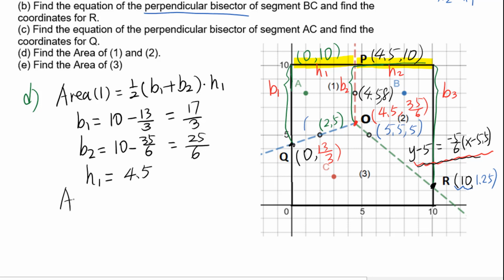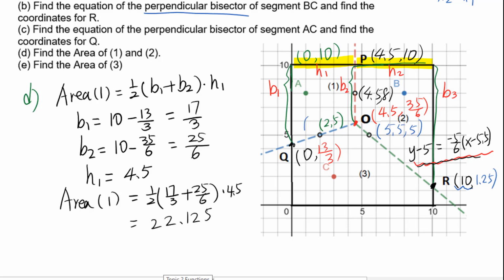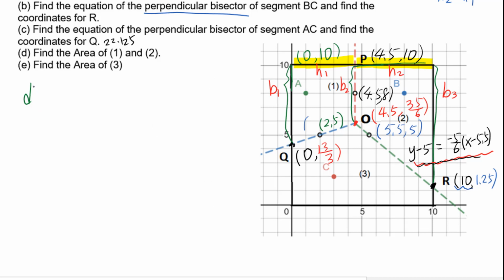Therefore, the area of 1 equals 1/2 times (17/3 plus 25/6) times 4.5. Go to calculator, you will get 22.125.